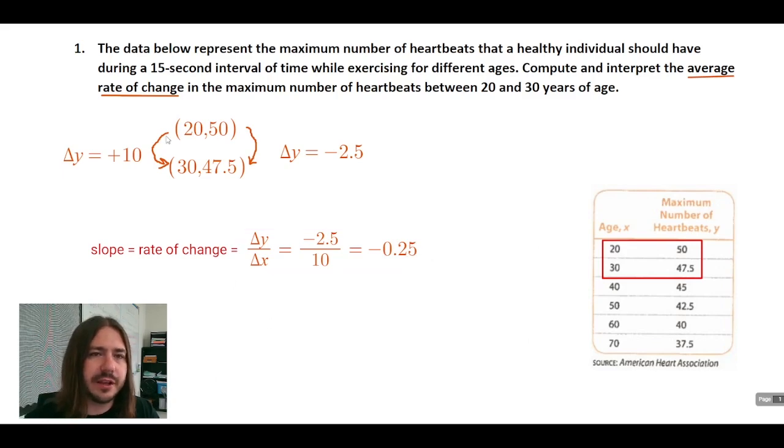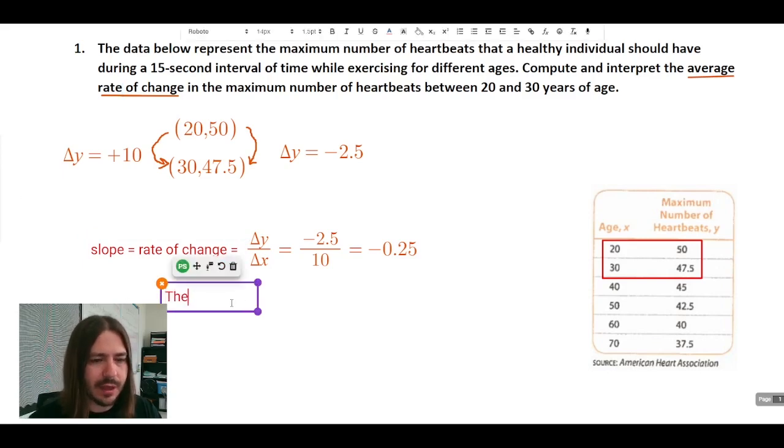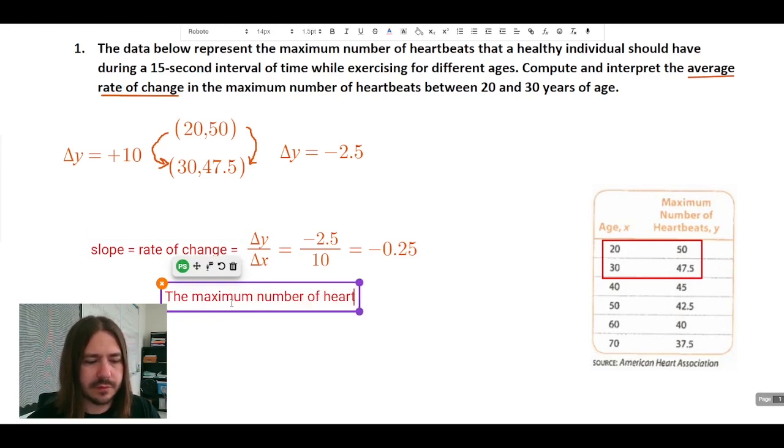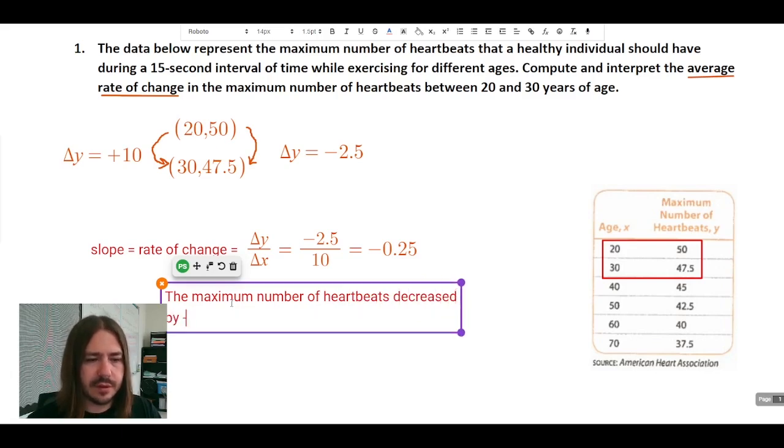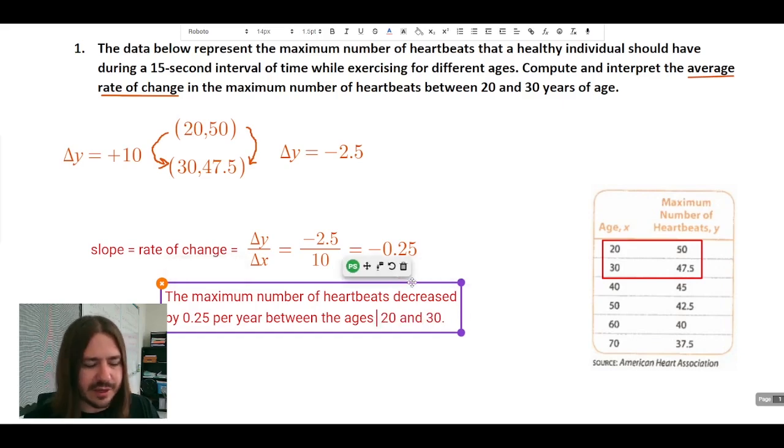We want to make sure that we're answering the question that's being asked, and a lot of times that's a matter of rewriting the question as a statement with the answer you got. So I'm going to say something like this: The maximum number of heartbeats decreased by 0.25 per year between the ages of 20 and 30.